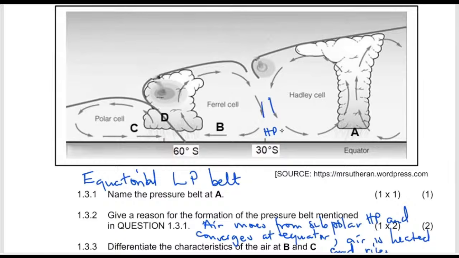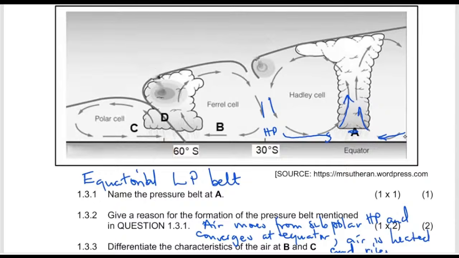There's sinking air. As the air sinks, it is driven towards the equatorial region. The same happens from the other direction. The air converges here. After converging, the air tends to rise. What facilitates the rising of the air is the high temperatures. The air is heated and it rises. That creates this particular pressure belt.